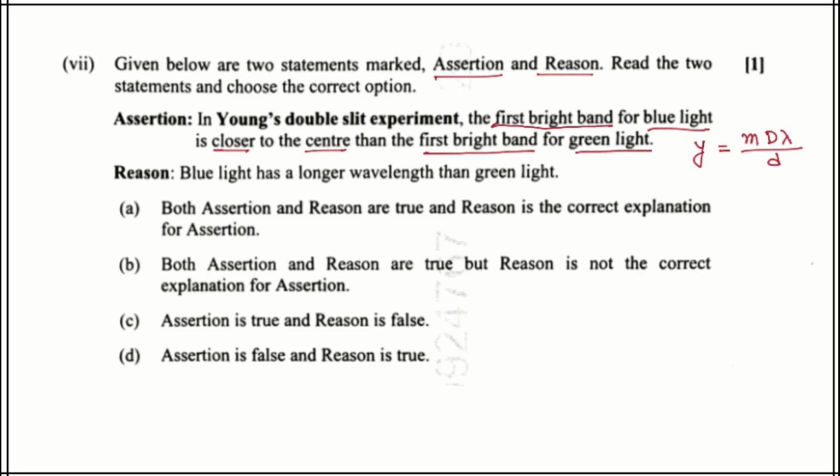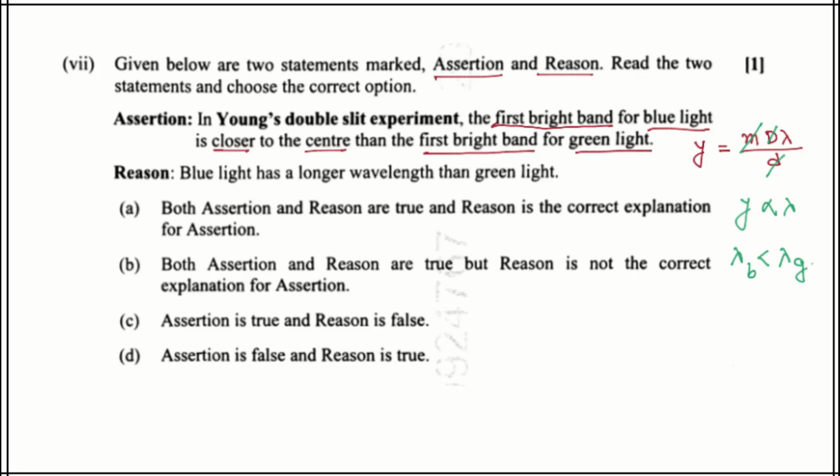So in this case, as we can see, both are first bright band, so we ignore the value of m, and the rest of the things are also constant. So in this case, y is directly proportional to lambda, and for blue light we know that lambda b is less than lambda g.